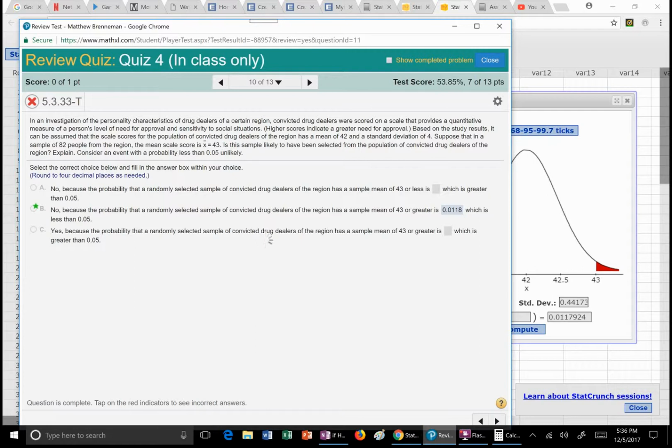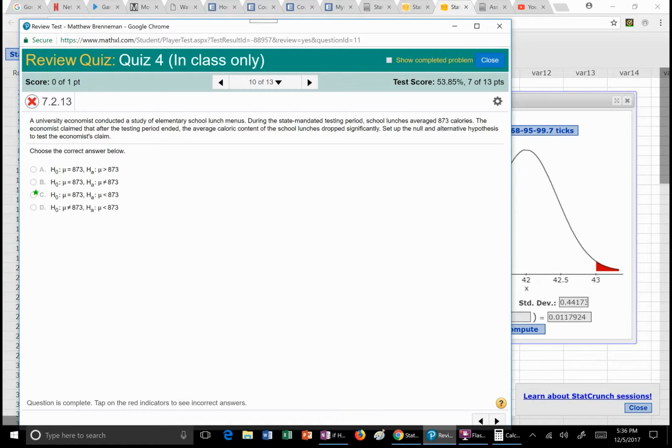Let's go to the list. Okay. University economists conducted a study of elementary school lunch menus. During the state mandated testing period, school lunches averaged 873 calories. The economists claimed that after the testing period ended, the average caloric content dropped significantly.